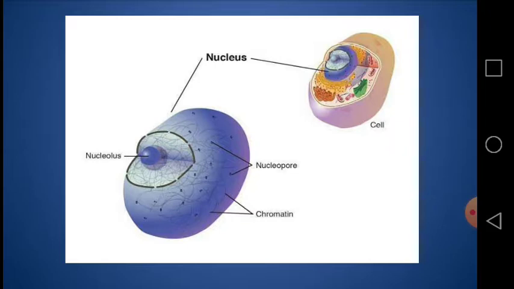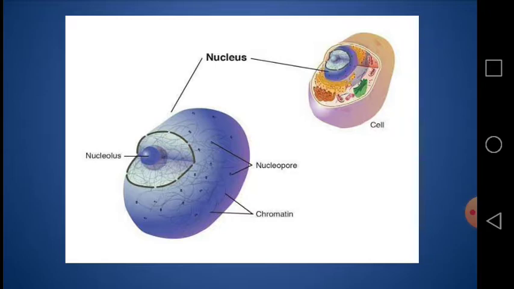Dear students, nucleus is bounded by two membranes forming the nuclear envelope, as you can see in this diagram. And this envelope isolates the genetic material from the rest of the cell. Means genetic materials like chromosomes, we also call it chromatin material. It is present within the nucleus.